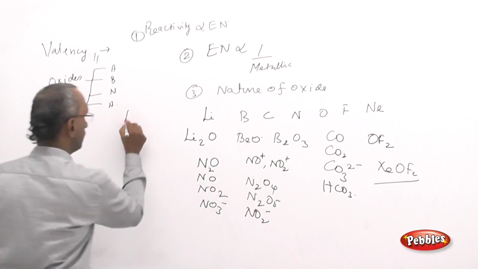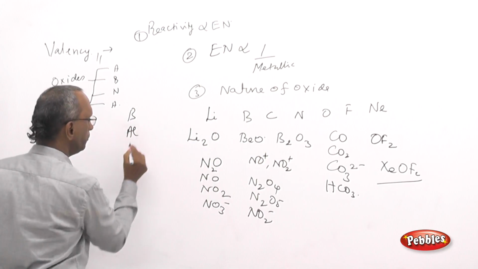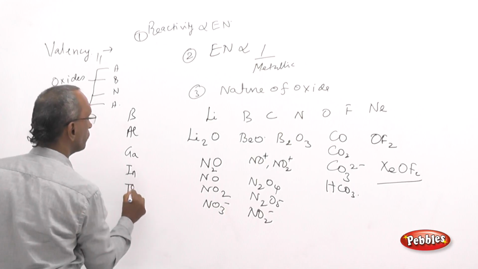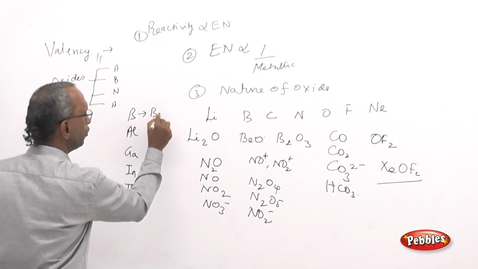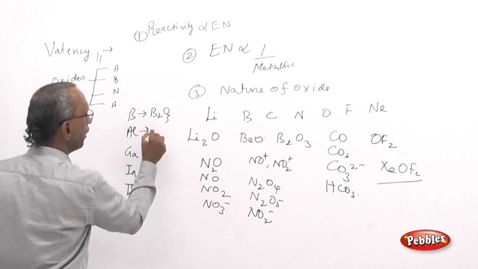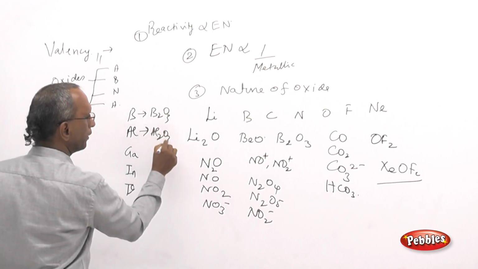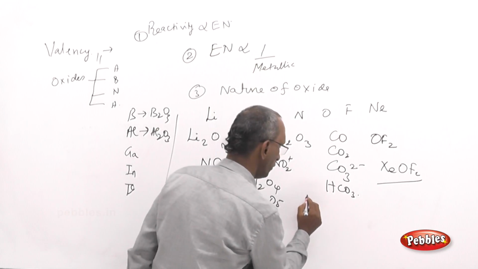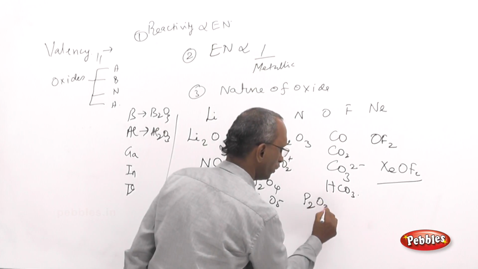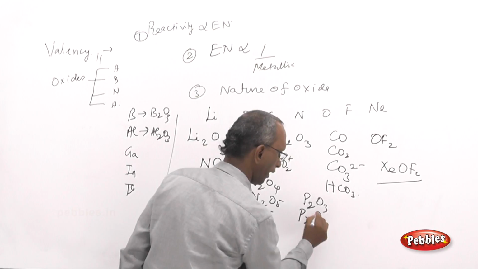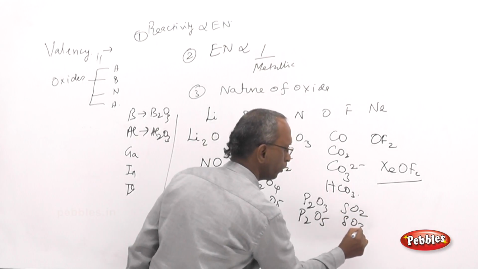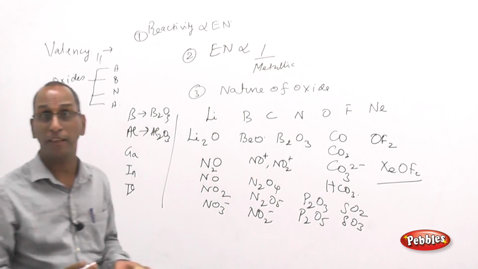Boron group elements: boron, aluminium, gallium, indium, thallium. Boron oxide is B2O3, aluminium oxide Al2O3, we are aware. Nitrogen oxides, phosphorus oxides P2O3, P2O5, sulfur oxides SO2, SO3, a variety of oxides are there.